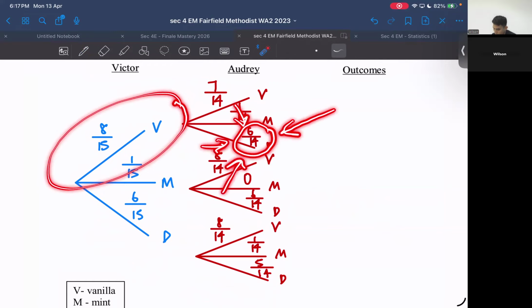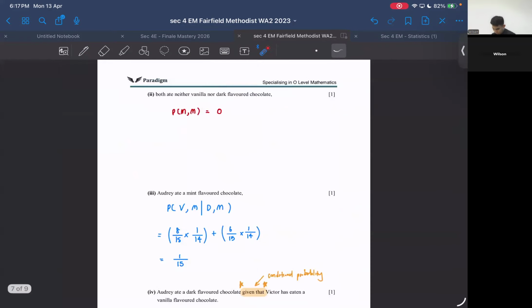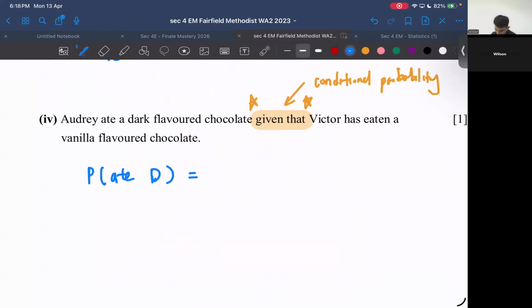This is known as your conditional probability. Students will usually say, isn't it a vanilla and a dark chocolate? But this one is not one after another. They are just looking at this one over here. Is that okay? So that means this over here is 6/14.